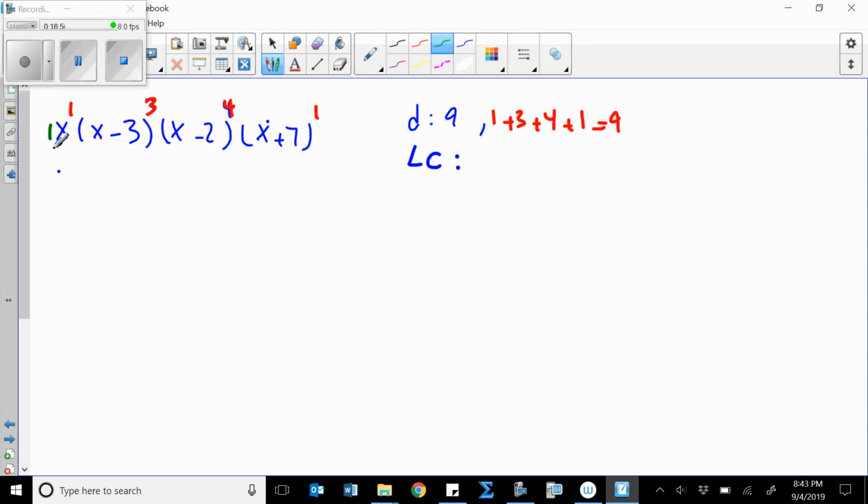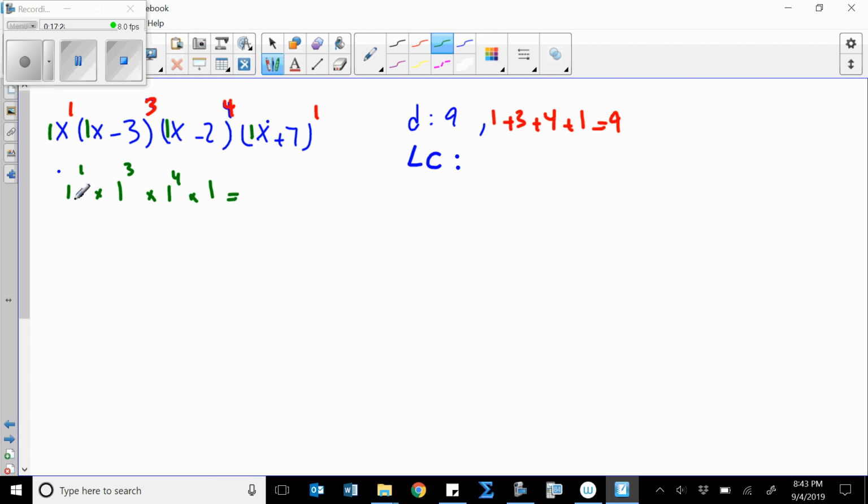This one is 1, so I'm going to write 1 to the power of 1 multiplied by the leading coefficient of the next one, which is 1 to the power of 3. Then the leading coefficient of the next one to the power of 4. The leading coefficient of the next one to the power of 1. So the leading coefficient of each factor is raised to the power of that exponent, and then you multiply all of them together.